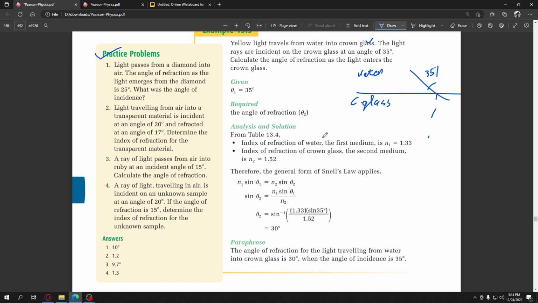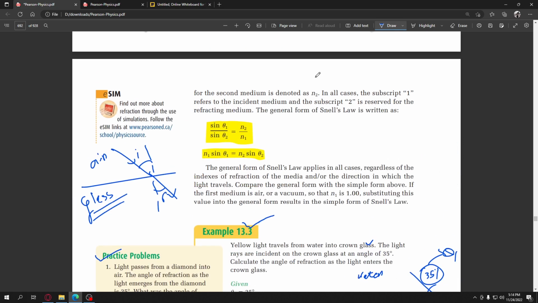The refractive index of water is 1.33 and the refractive index of glass is 1.52. What do we have to find? We have to find this theta 2. If we call this 35 degrees theta 1, how do we find theta 2? Well, n is equal to sin I by sin R, and you can see that this has also been rearranged in the previous formula we saw here.